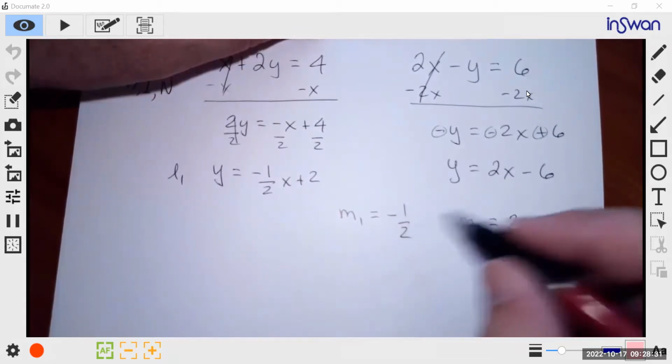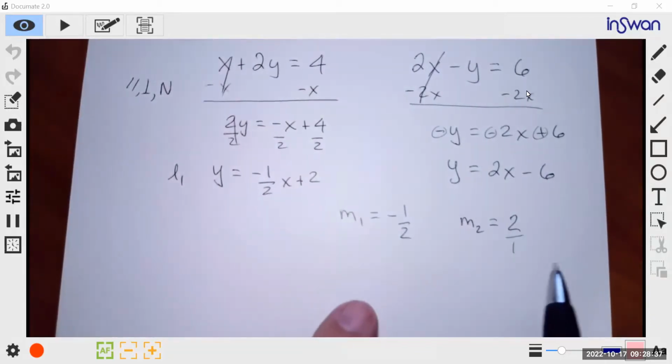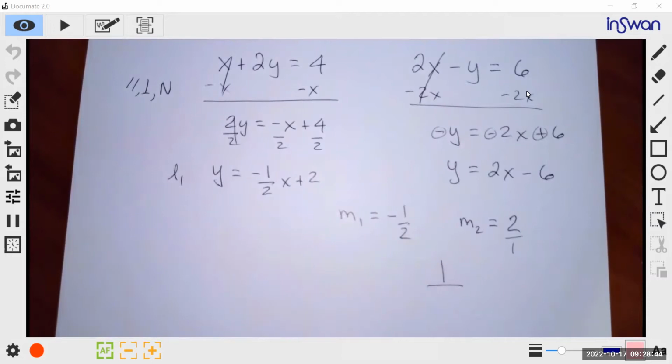This is -1/2. This is +2/1. So they have opposite signs. They're flips of each other. That tells you they're perpendicular.